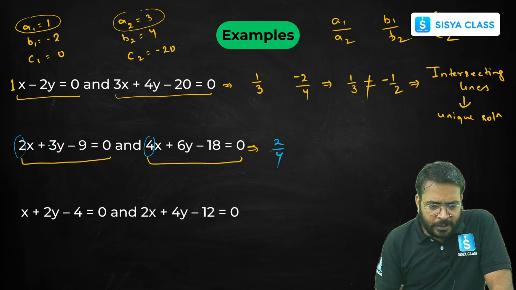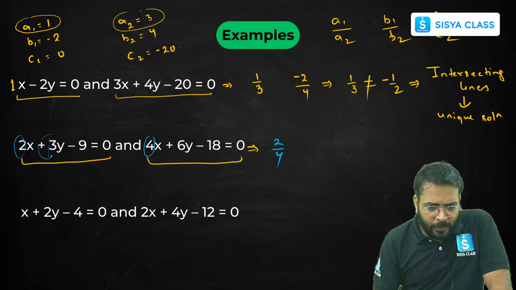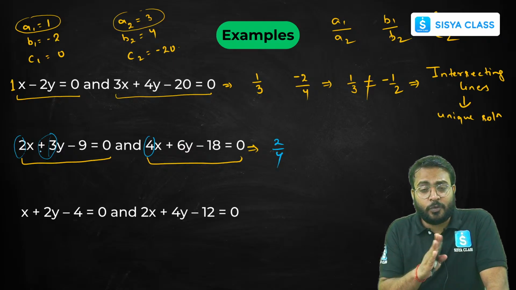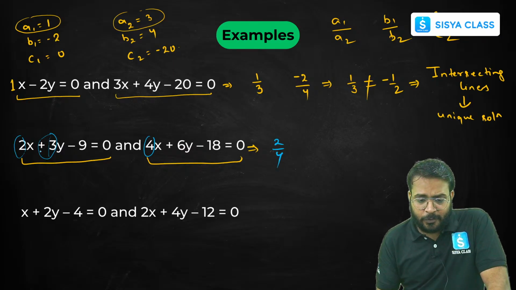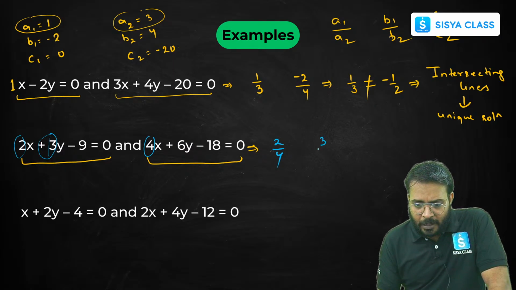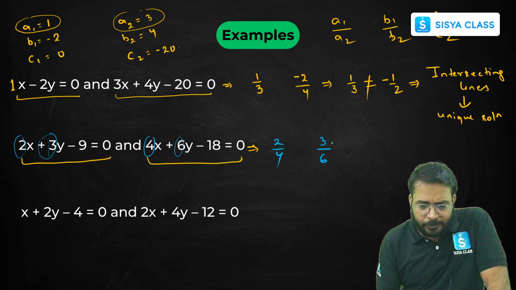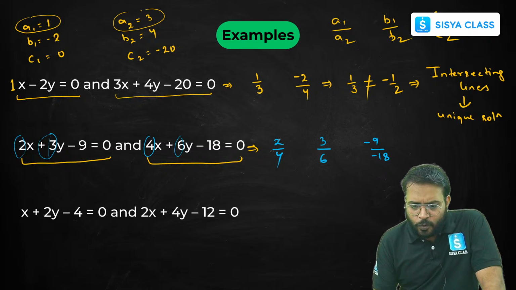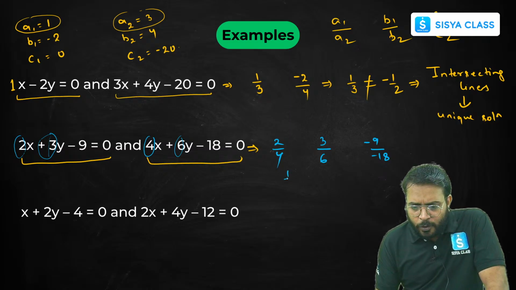For b1 by b2, you need to consider the sign also. Don't forget to consider your sign. My b1 is going to be 3, and my b2 is going to be 6. What is going to be my c1? c1 is going to be minus 9, and c2 is going to be minus 18. Now can you compare 2 by 4? That means it is going to be 1 by 2.